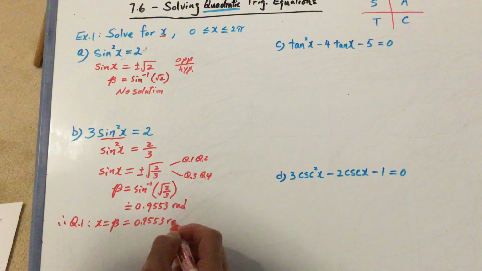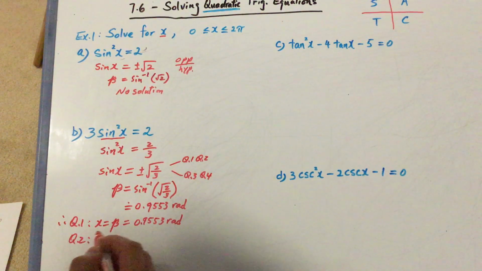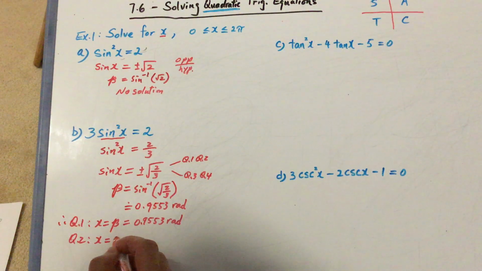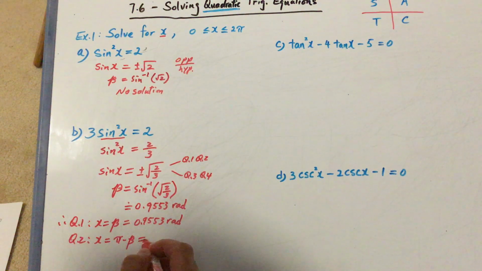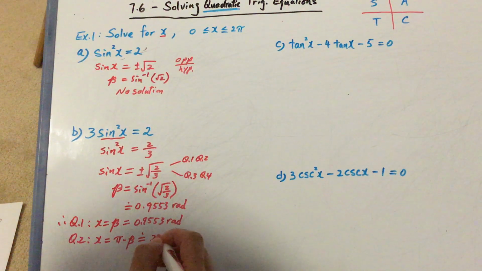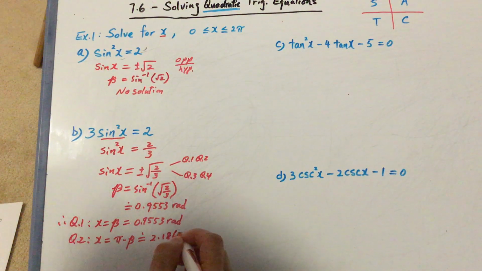And in quadrant 2, since the principal angle is equal to pi minus the related acute angle, you take pi minus that related acute angle, and you're going to get 2.1663 rad.